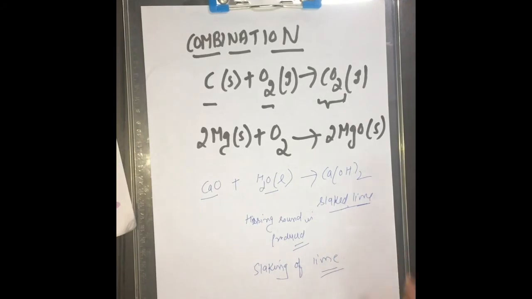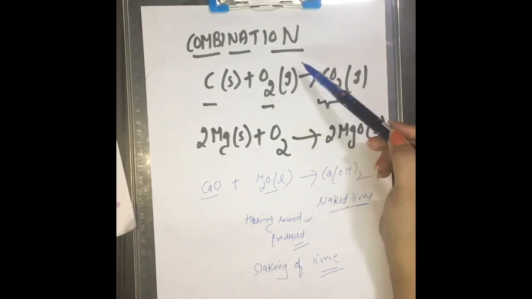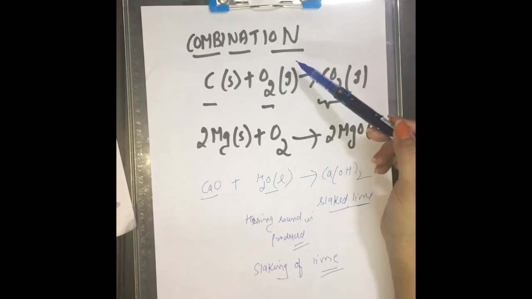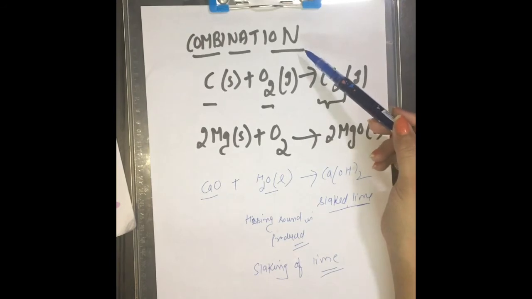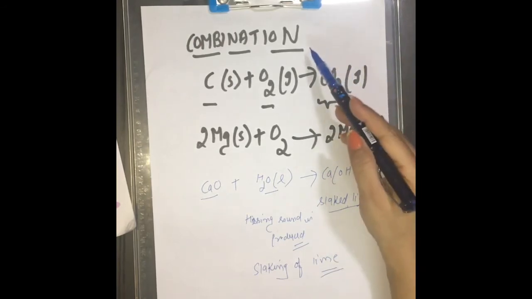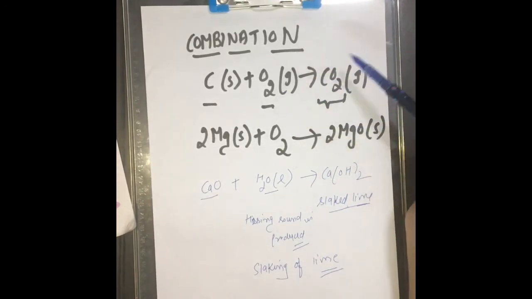Another example you can consider: sometimes the question comes, combination reaction is also considered a kind of oxidation or combustion reaction. So what is the relation between these various terms? What is oxidation? Basically combining with oxygen.